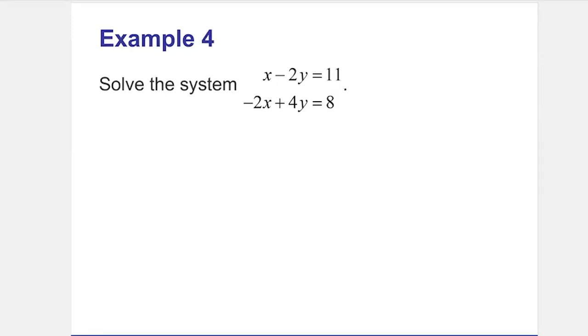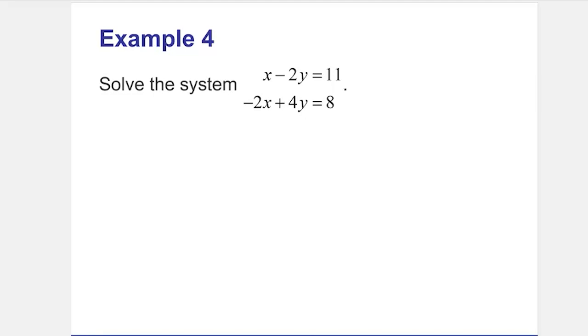Now, this one, we could do either way, right? I could either solve this using substitution, because I can easily say, if I add 2y to both sides, I can say x equals 11 plus 2y, or I can use elimination. Unless something's super easy, I would practice the elimination if I were you, because most of the time elimination works.